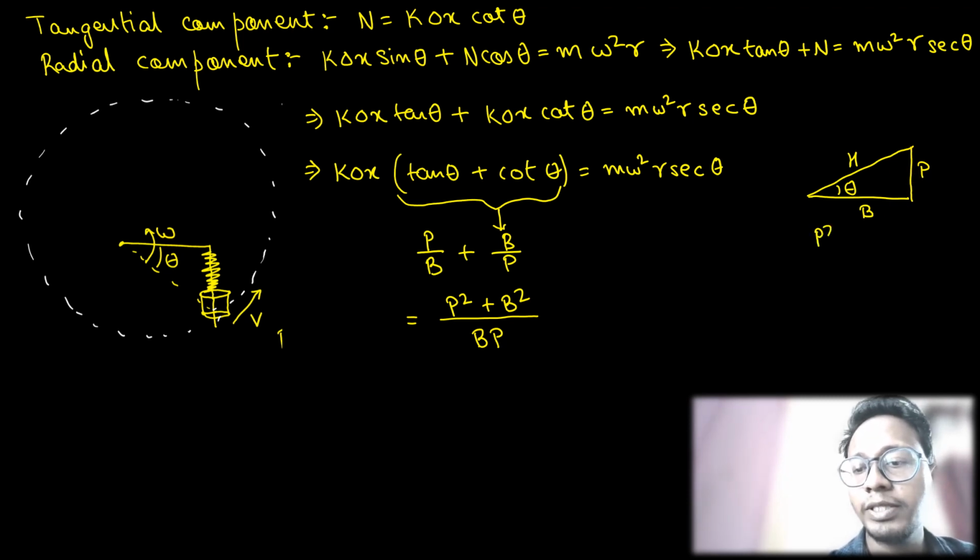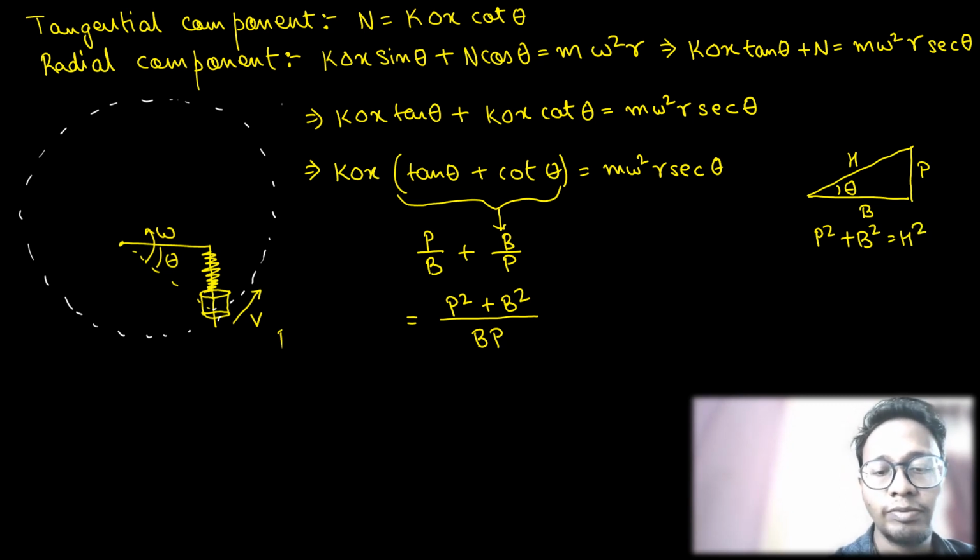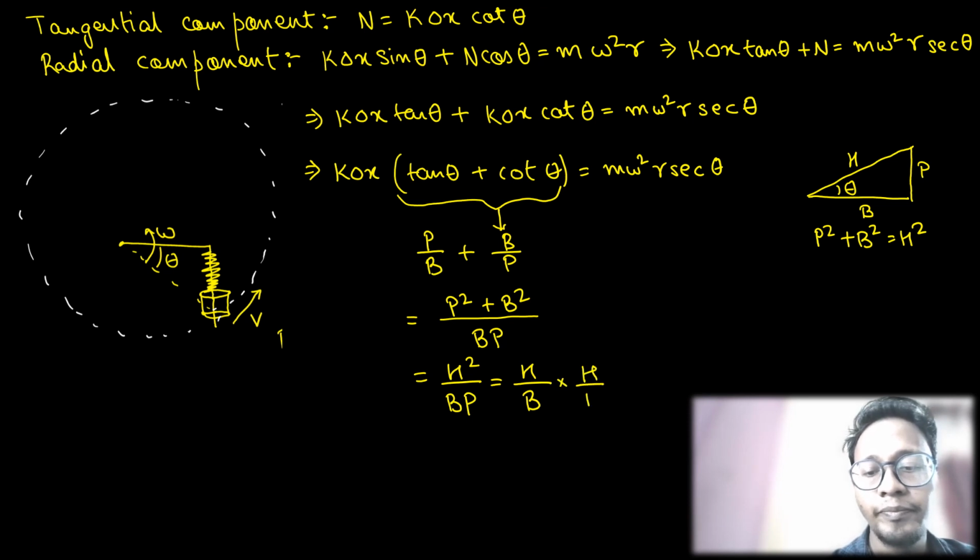So it's hypotenuse square by BP, which is hypotenuse by base into hypotenuse by perpendicular. What is hypotenuse by base? Base by hypotenuse is cos theta, so hypotenuse by base would be sec theta. Sec theta into how much? Cosec theta.